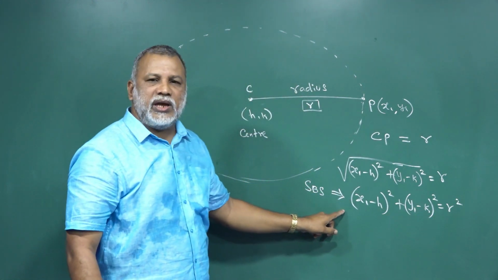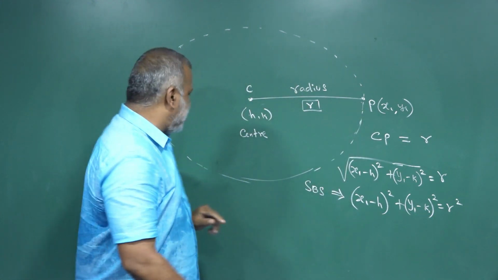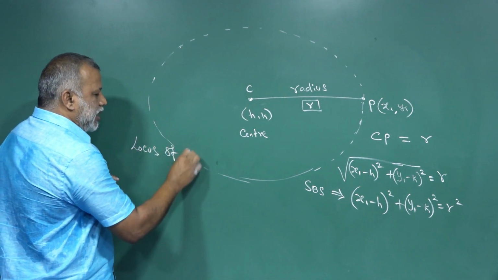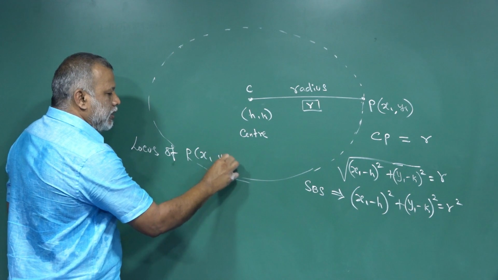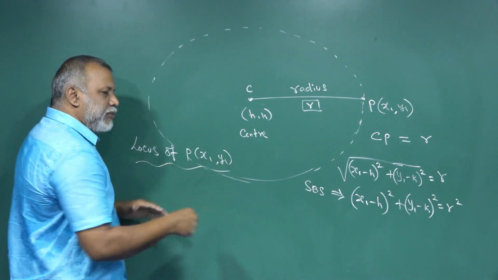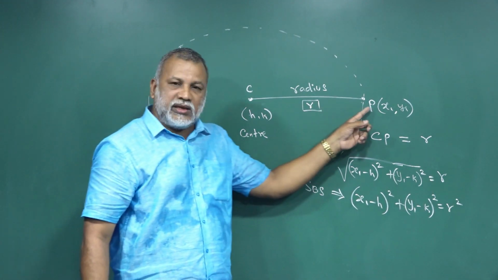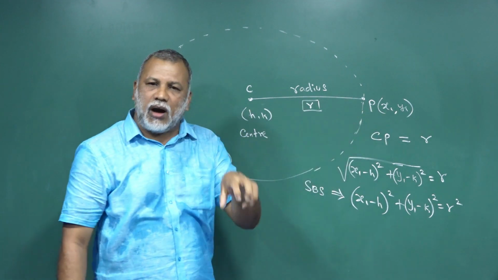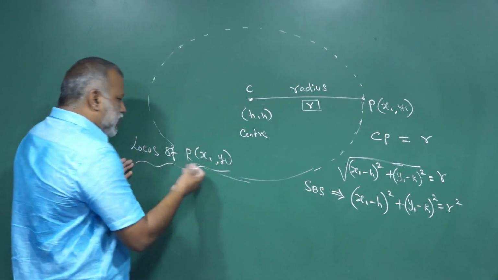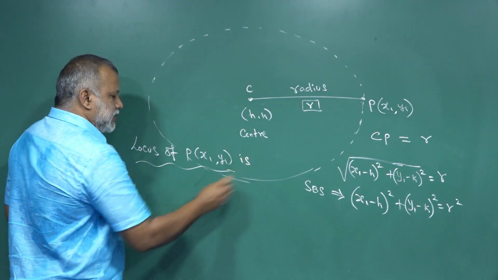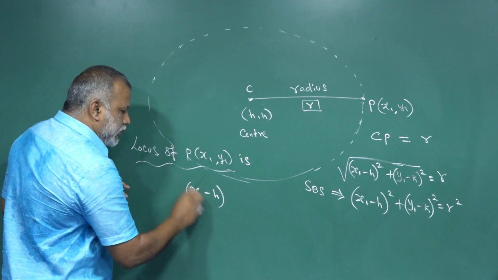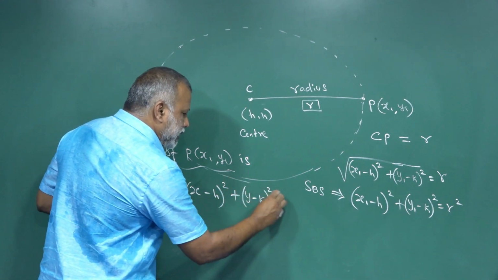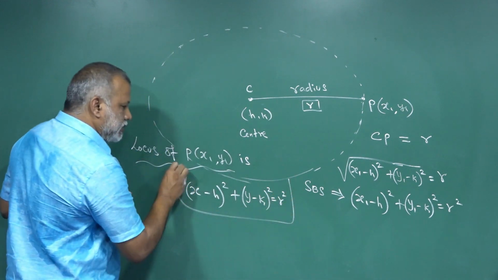If we want to find the locus of P x1 comma y1, now listen. Locus means it should be a moving point. Initially you think of x1 comma y1 as a fixed point, then only can we say CP is R. Now the locus of P is x minus h the whole squared plus y minus k the whole squared equal to R squared.